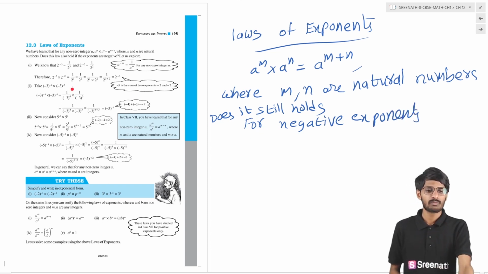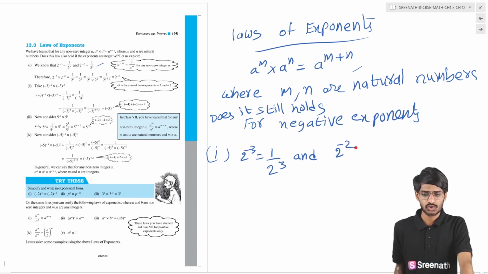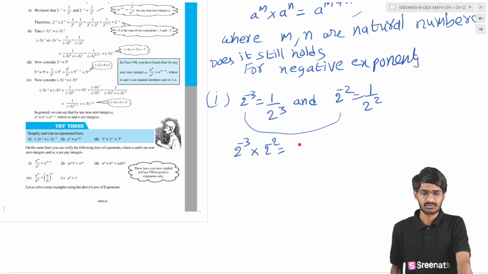Okay students, first, 2 power minus 3 is equal to 1 by 2 power 3, and another thing, 2 power minus 2 is 1 by 2 square. Now we will multiply these two things, 2 power minus 3 into 2 power minus 2. Its value is 1 by 2 cube into 1 by 2 square.